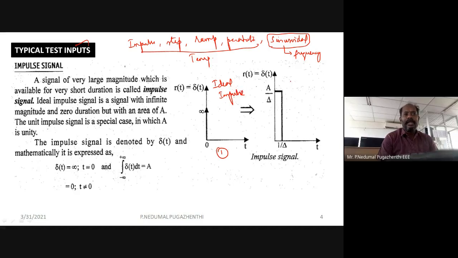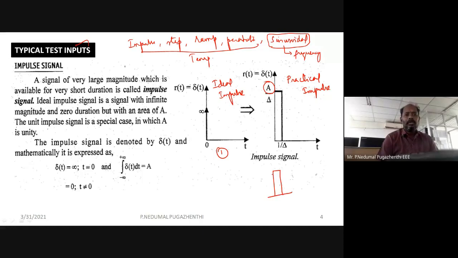The second signal, which can be generated in the laboratory, is a practical impulse, a rectangular pulse.